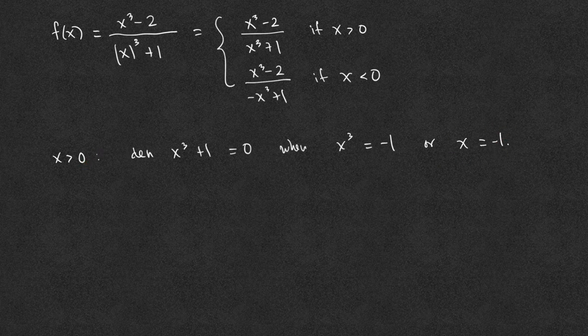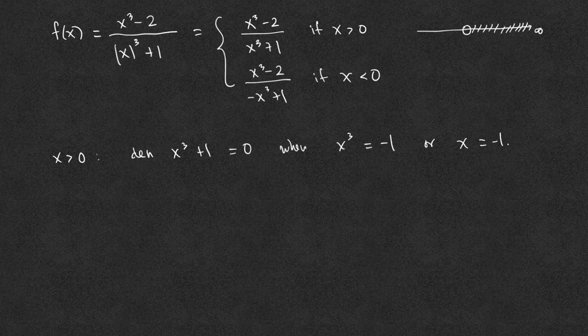The restricted domain for the first part is that x has to be greater than 0. And so after we isolate x, we need to get a number in this interval. But x equals negative 1 is not in this interval. Now, for any positive number, x cubed is still positive. Positive plus 1 is still positive.